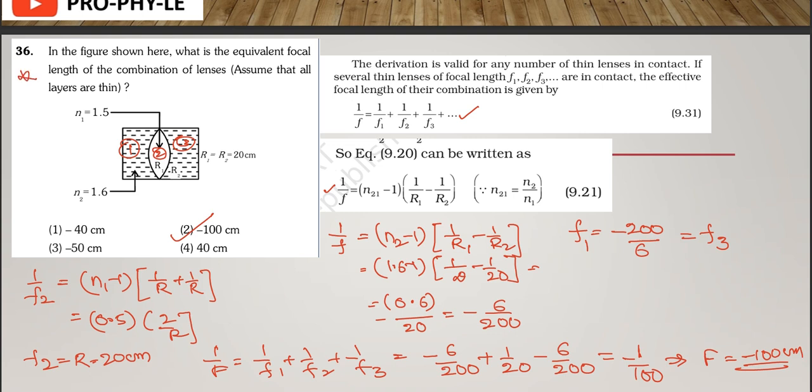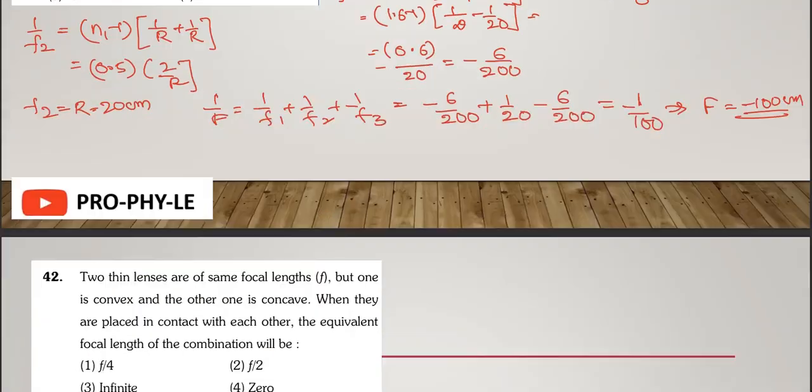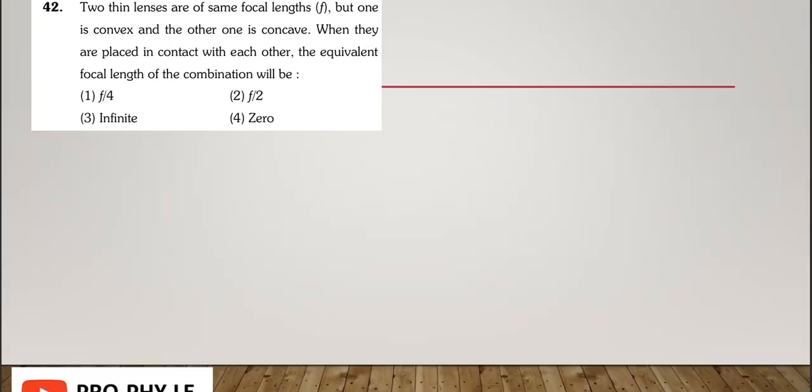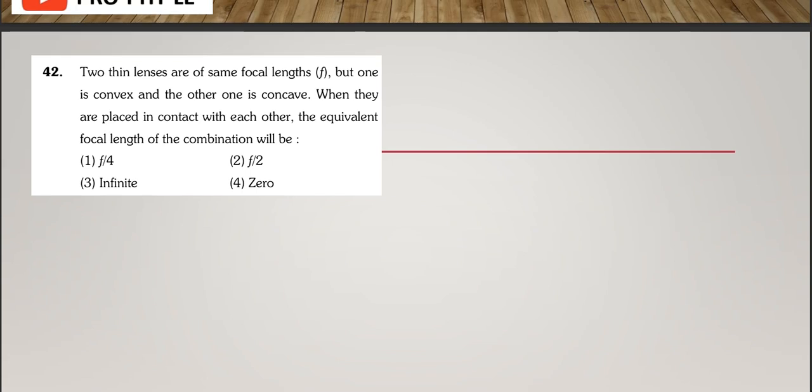One interesting model based on lens maker's formula from ray optics. Two questions were there based on the same. Just look at this. Two thin lenses having same focal length, but one is convex. For convex lens, focal length will be positive.